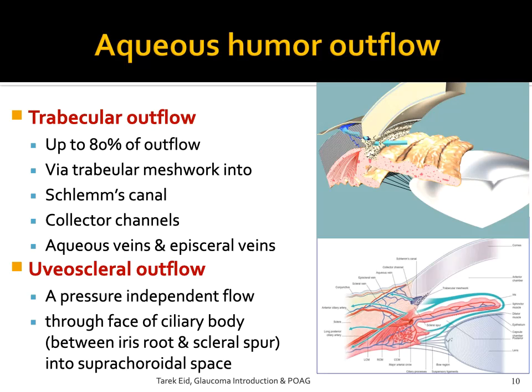The other way of outflow is the uveoscleral outflow, which represents about 10 to 20% of the outflow, where the aqueous passes through the face of the ciliary body between the iris root and the scleral spur into the suprachoroidal space, and from the suprachoroidal space it goes to the emissary veins around the vortex veins.